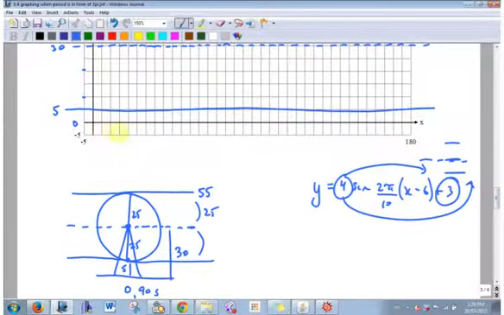So 1, 2, 3, 4, 5, 6, 7, 8, 9, 10, up to 20, 21, up to 30, and 1, 2, 3, 4, 5. There's 36 from there to there.